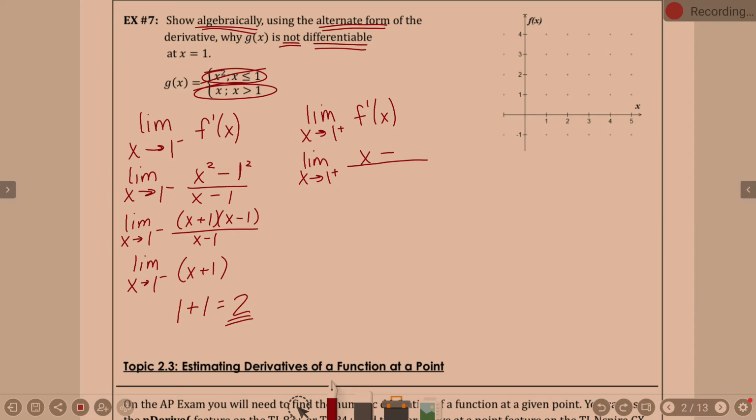Well, when you put in 1 for x, it's going to be 1, so x minus 1, over x minus your a value, so x minus 1. What happens there? It cancels, right? And when those cancel, you're basically saying the limit as x approaches 1 from the right of 1, which is just going to be 1.